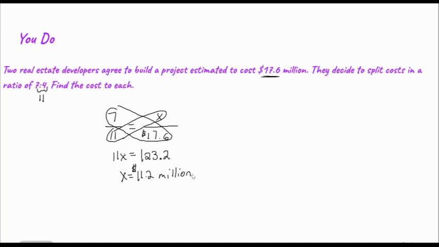Okay. Now, we could set up another ratio for the 4, but we know there's only going to be so much left over from the 17.6. So instead, let's just go ahead and subtract. That's the easiest way to do this. We end up with 6.4 million for the other real estate developer.